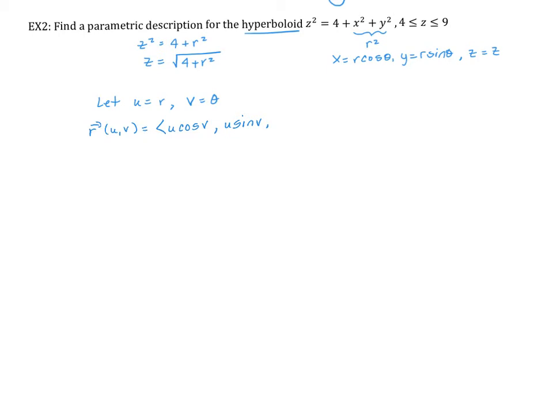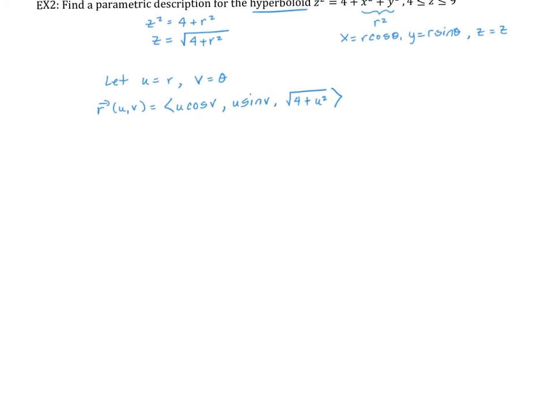However, I know that my z value is the square root of 4 plus r squared. So my z value is the square root of 4 plus u squared. And now I've written this hyperboloid in terms of a 2-variable vector function.